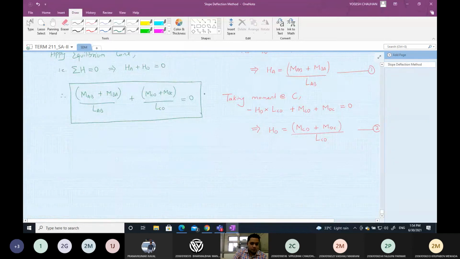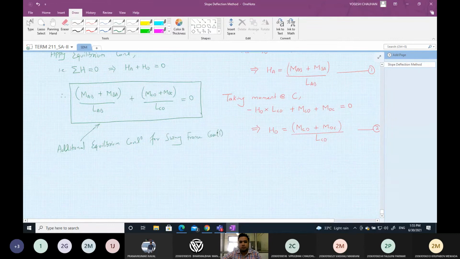Okay, so this is the additional equilibrium condition for sway frame case 1. This is for this particular case 1.